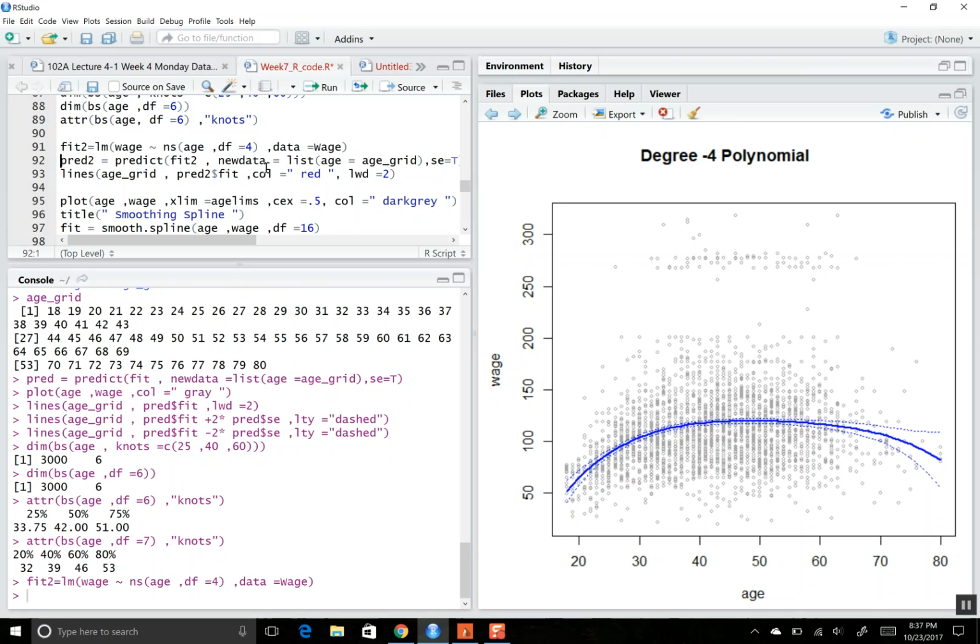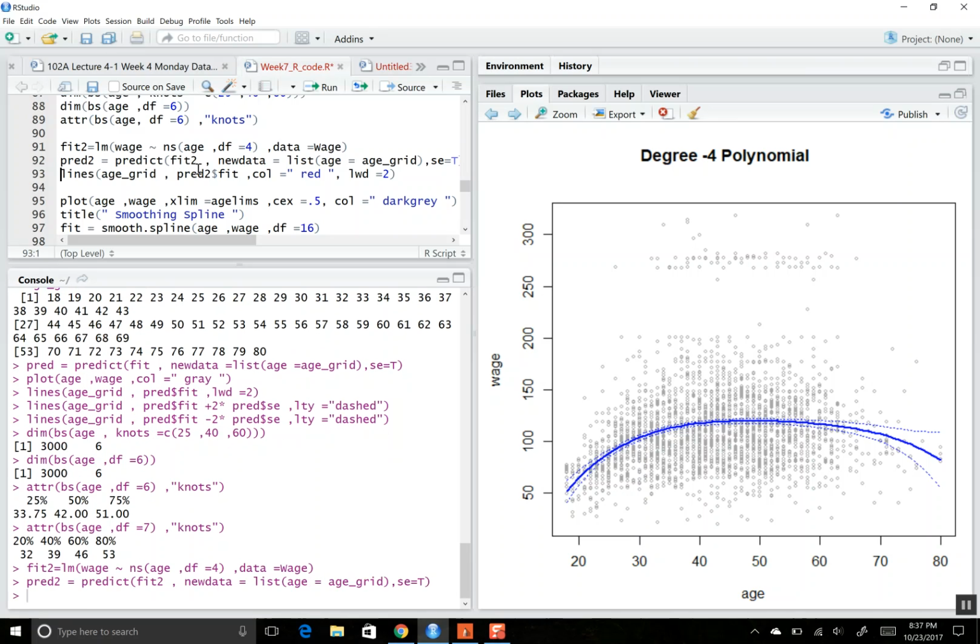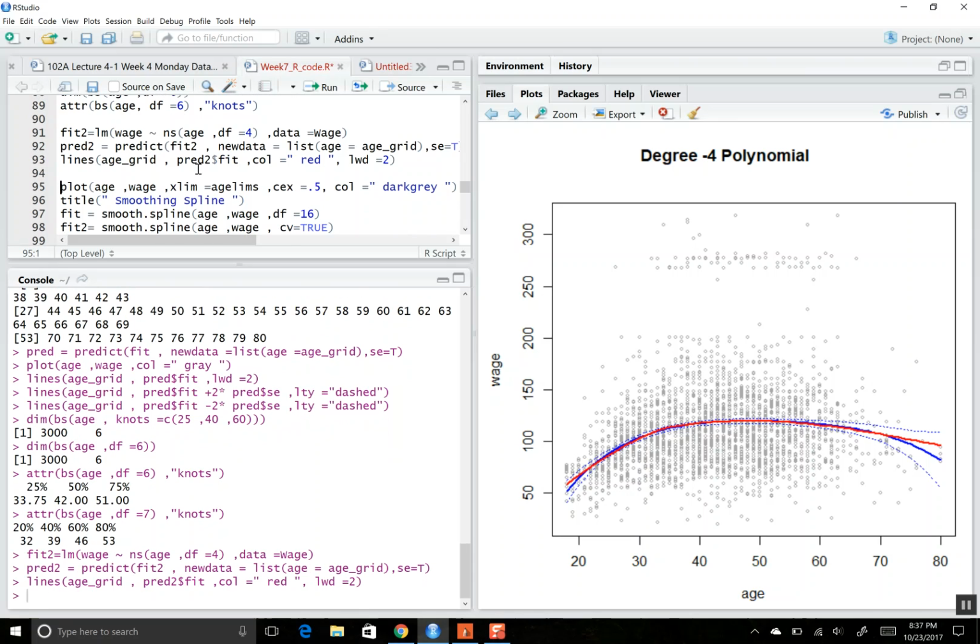If we fit a natural spline, we can create our predictions, and we can add the natural spline there. The difference here is that with a cubic basis spline, we are still, to some degree, fitting cubic functions to the data, so at a certain point you'll have a little bit like the trajectory of a cubic function.